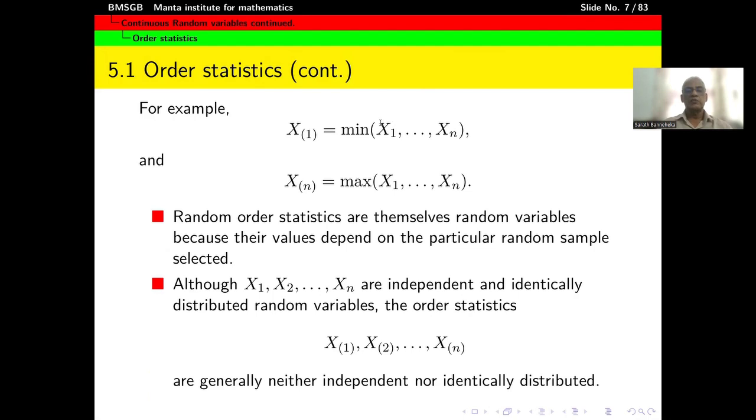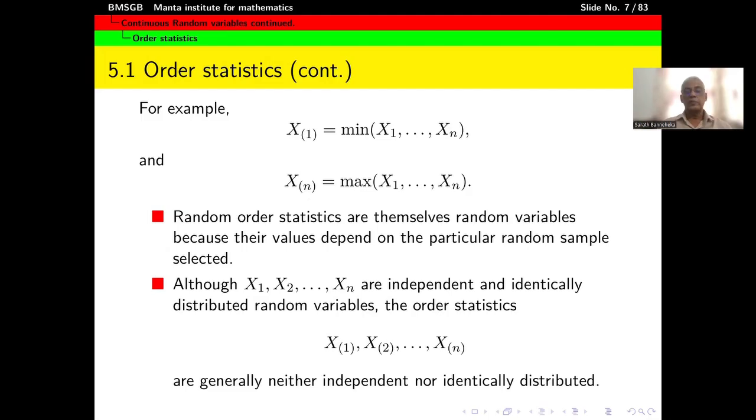It's better if I put a curly bracket here to indicate the minimum of that particular set, but sometimes people write it like this also. So the minimum of the set X1 up to Xn is denoted by this, and the maximum is denoted like this. The values in the middle are going to be X within bracket 2, X within bracket 3, and so on. So random order statistics are themselves random variables, because their values depend on the particular random sample selected.